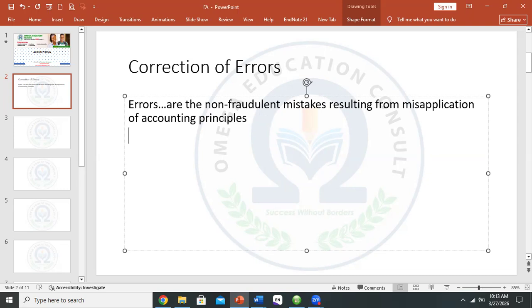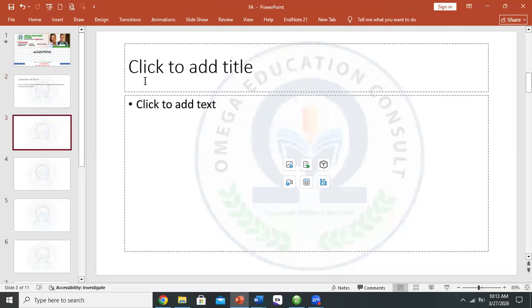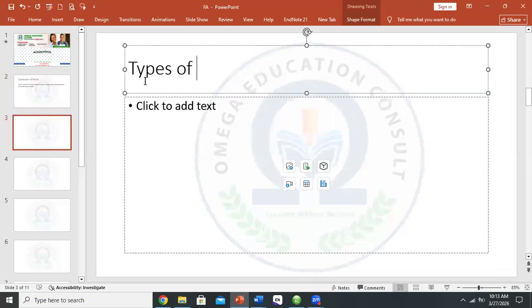Now, there are two main types of accounting errors. Please pay attention. There are two main types. So the types of errors. There are two.